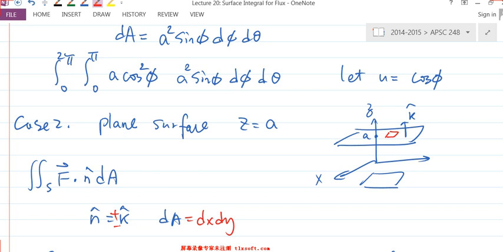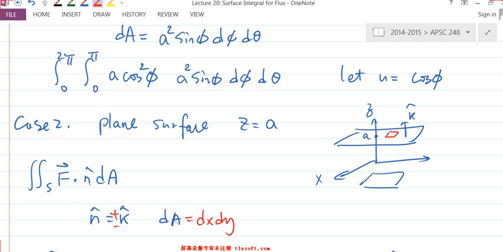But when you apply this formula, the n hat should conform to the direction you're referring to. Does that make sense? A lot of the time, when we have a closed surface, we refer to the outward direction as the positive direction.